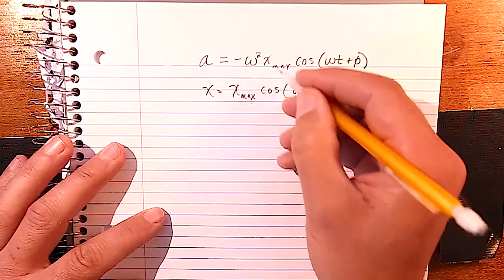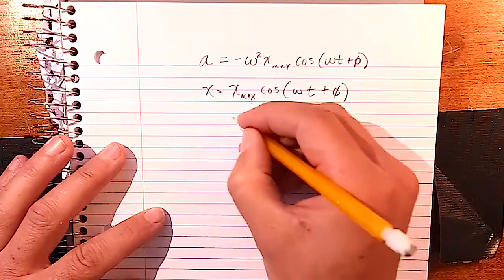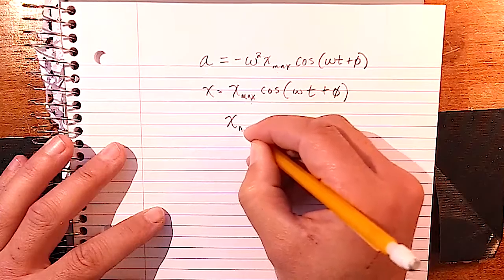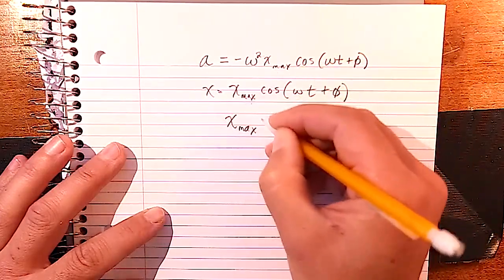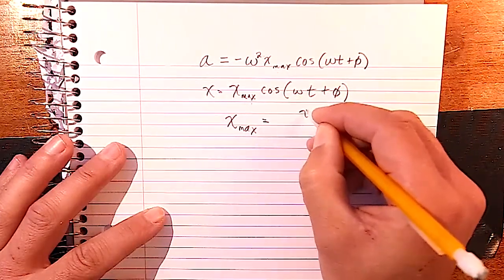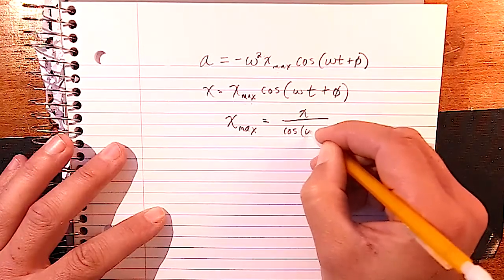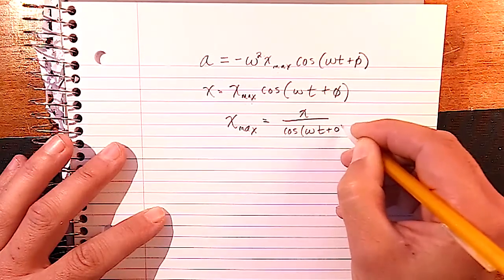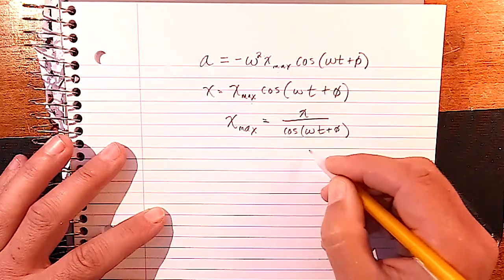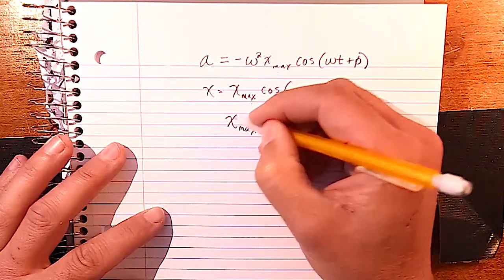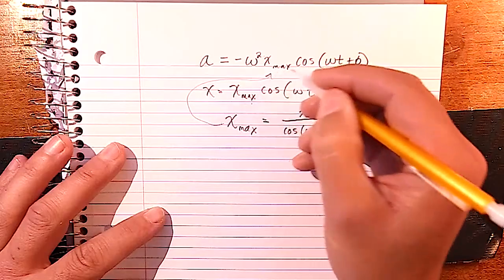So if we want to sub in for x max, the first thing that we need to do is get x max by itself. So we're just going to divide through, so that becomes x over cosine omega t plus phi. And then we're going to take this x max and plug it in here.